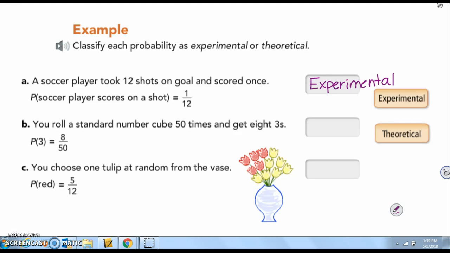Letter B, you roll a standard number cube 50 times and you get 8 threes. Since we are conducting an experiment, it is again experimental probability. For letter C, here we have a tulip vase and we can see that 5 out of 12 of them are red. This is going to be theoretical probability.